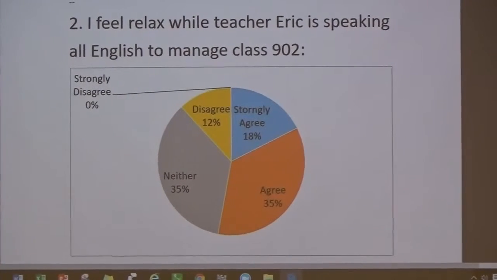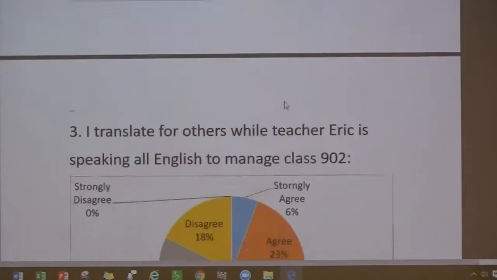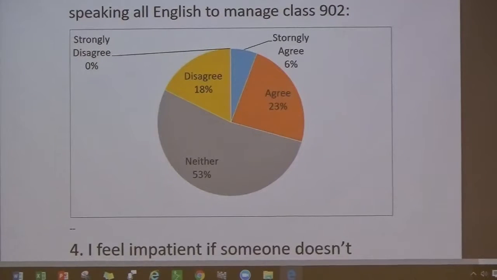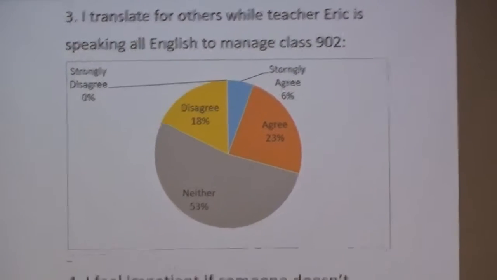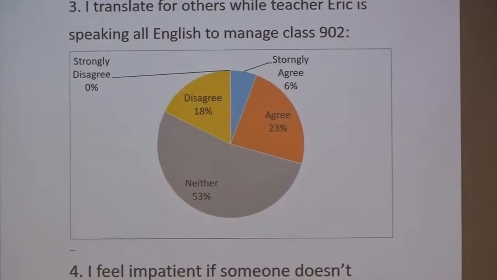Yeah, and half of them feel relaxed while I'm using part-time English to manage my group. And also, about 30% of my students will do the translation. So many will wait until others do the translation.